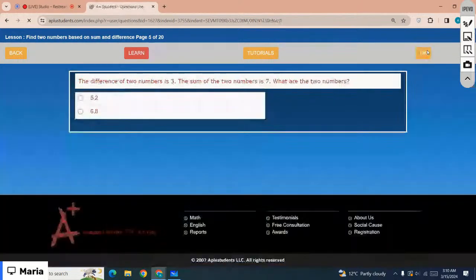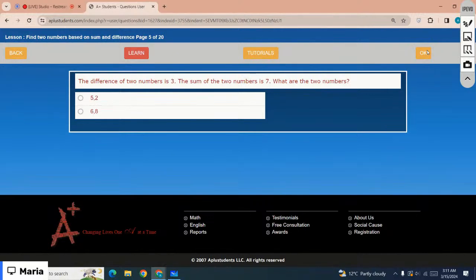Okay, the difference of two numbers is 3. So which is the correct option?